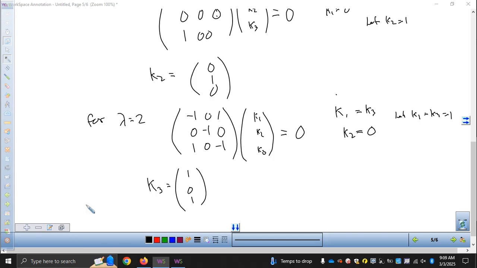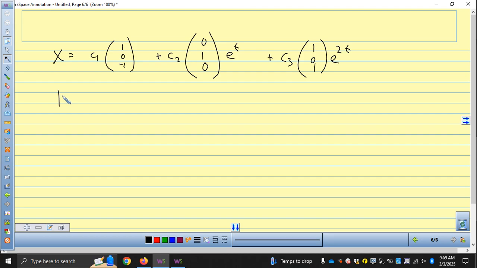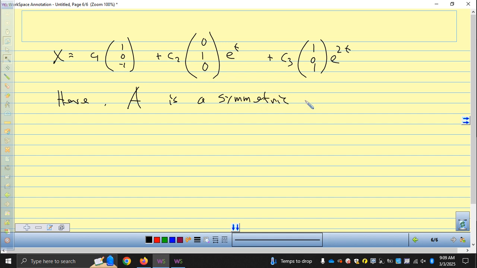The matrix A in this particular example is a specific kind of matrix. It's what we call a symmetric matrix. A symmetric matrix is where A equals what we call A transpose.